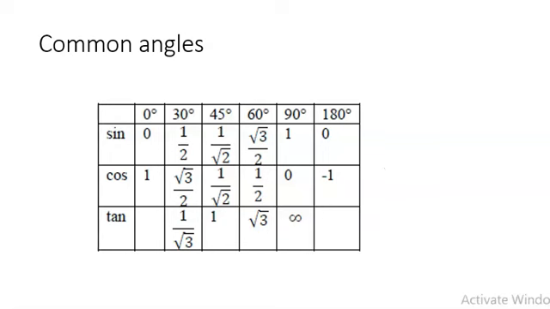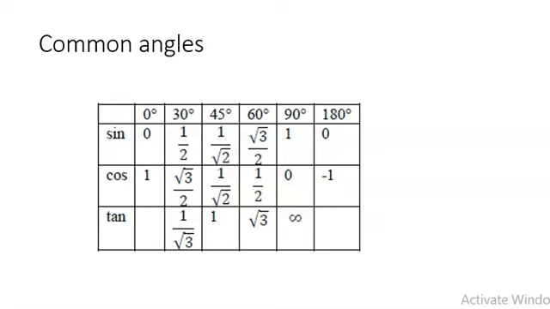Now here, when we say common angles, there are some angles that without a calculator you can get the value straightforward. The common angles that we have around are 0 degrees, 30, 45, 60, 90, 180 sometimes.